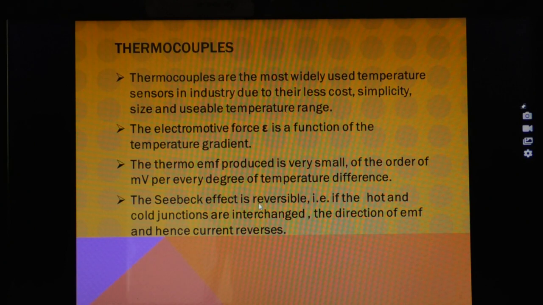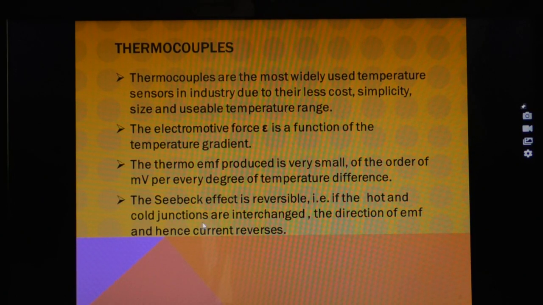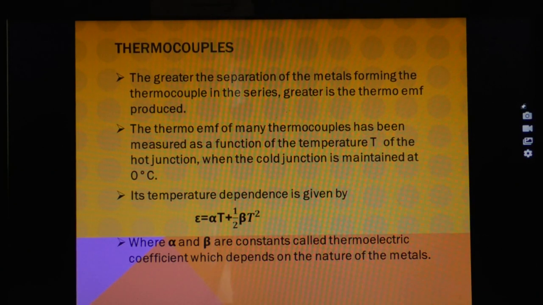It means it could be retraced, started in reverse order. That is, if the hot and cold junctions are interchanged, the direction of EMF and hence current may reverse. The greater the separation of the metals forming the thermocouple in the series, the greater is the thermo EMF produced.